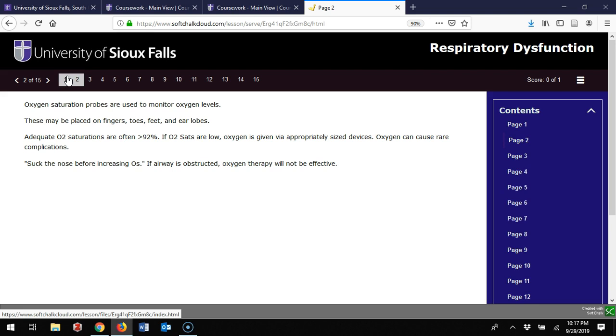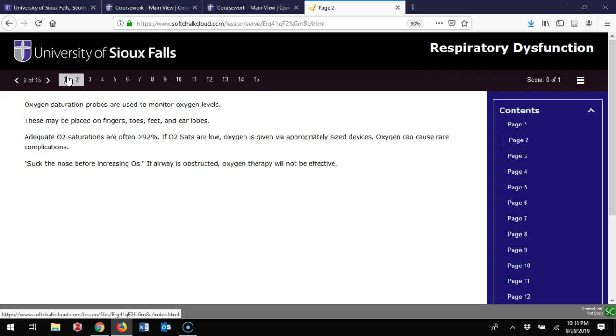But with this, we really want to see that the oxygen saturations are 92% or above. If the oxygen saturations are low, oxygen will be given via appropriately sized devices. Some of these include nasal cannula, simple mask, non-rebreathers, Venturi mask, CPAP, BiPAP, and even intubation if needed.